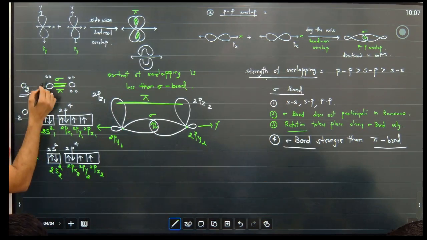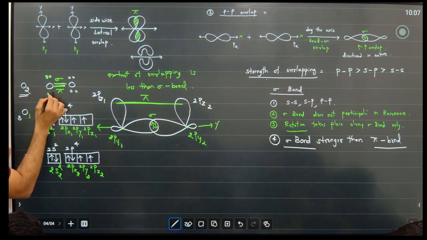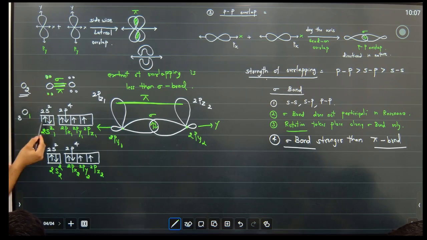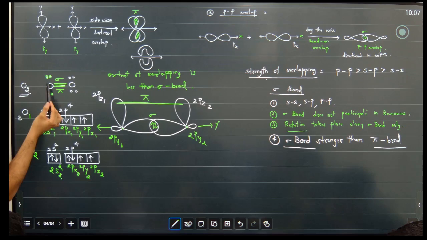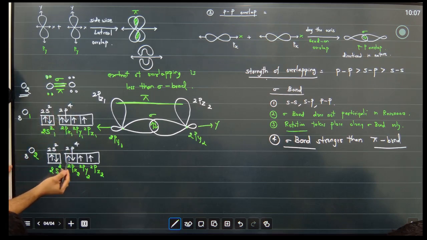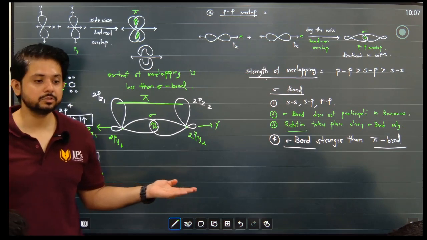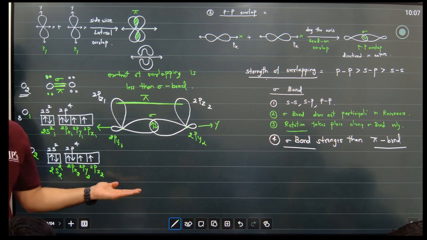Now where did these two lone pairs come from? 1, 2, 3, 4. ये जो दो lone pairs दिख रहे हैं 2s and 2px, these lone pairs come from here. This is how VBT explains the formation of the O2 molecule.